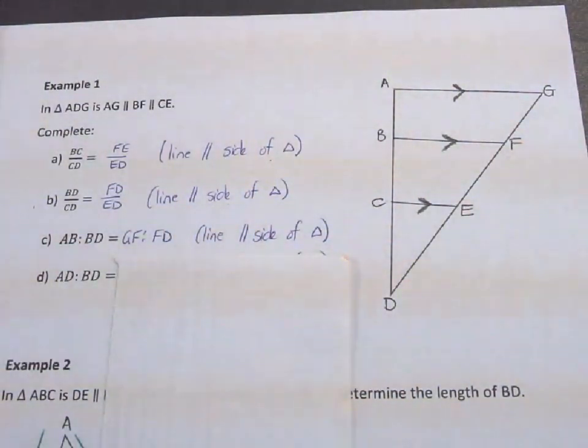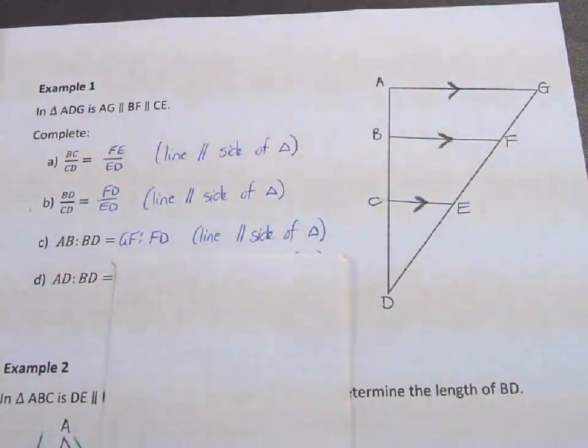Okay, try the last one on your own. You can write it alphabetically, or you can write it as you go on. Well, no, you have to write it with the dots.